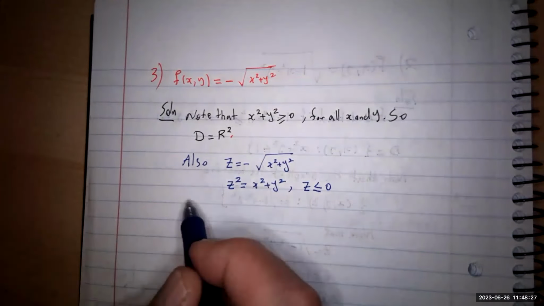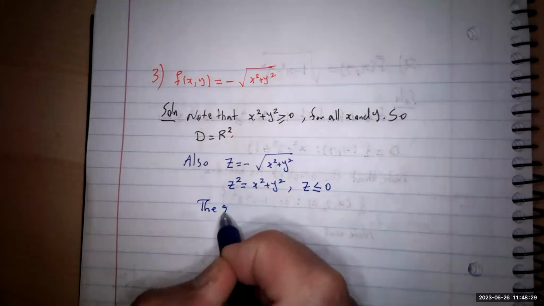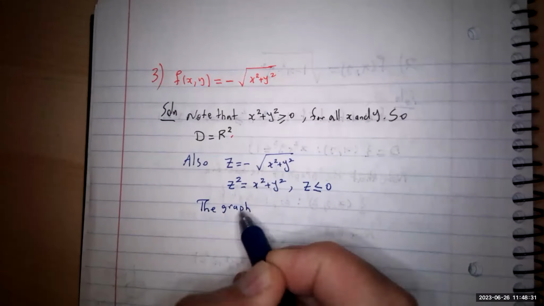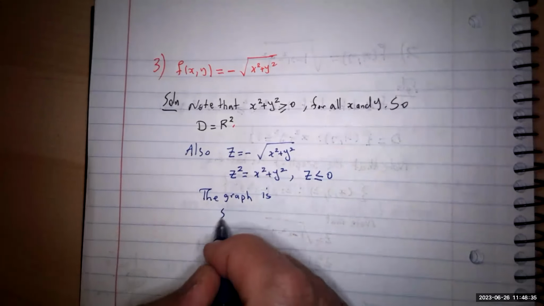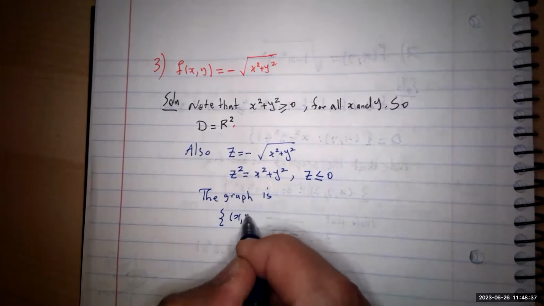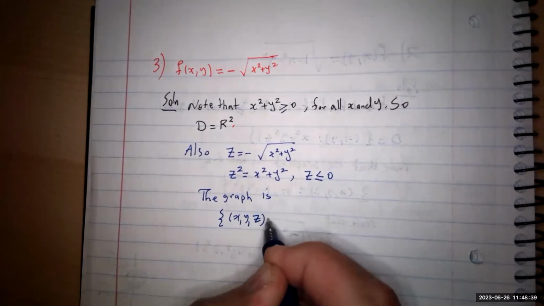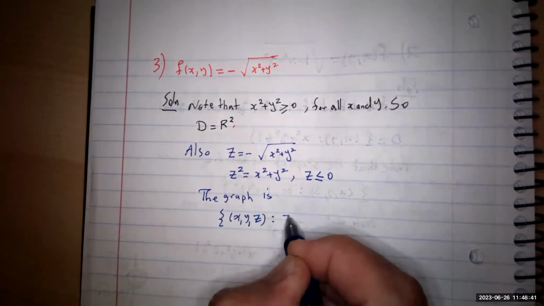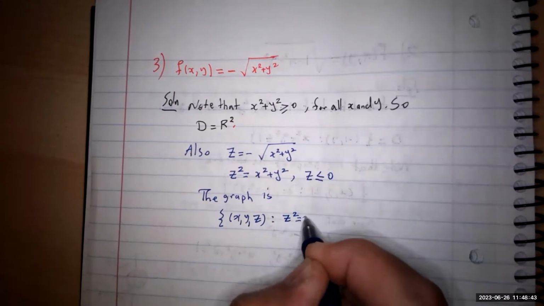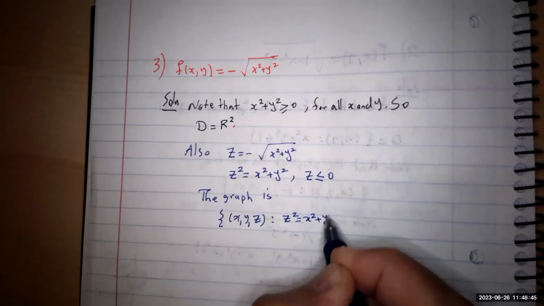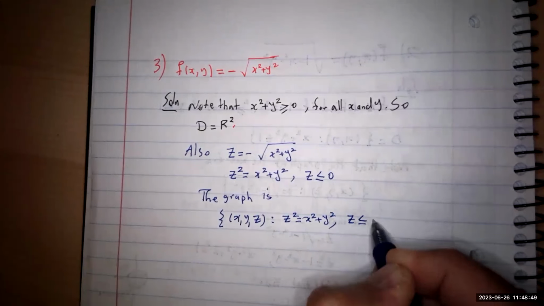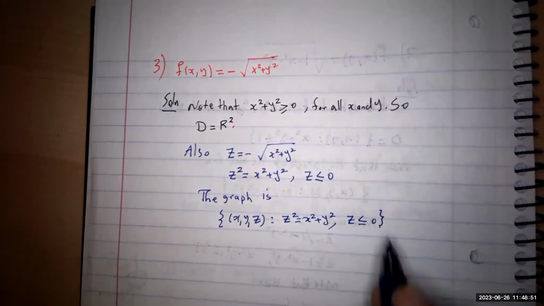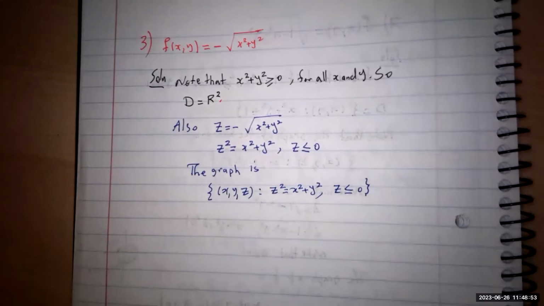So what's going to be the graph? The graph of your equation is going to be a collection of points x, y, z that satisfy this condition, the condition that z squared is equal to x squared plus y squared, and z is less than or equal to 0. Can you describe this one?